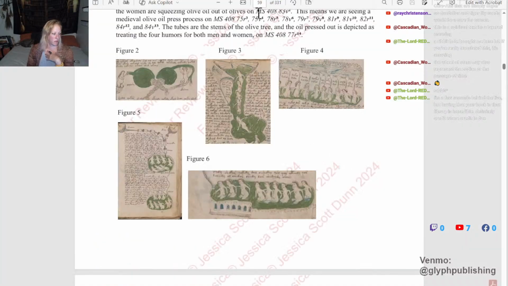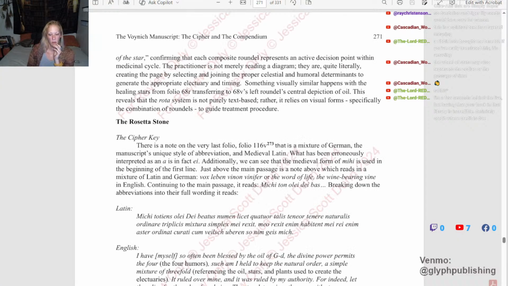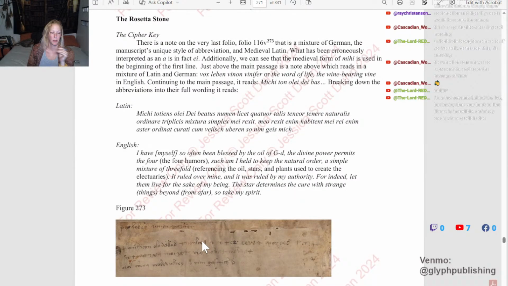All right. Okay, so here's the cipher key. Here's the passage down here. And then, yeah, it's Latin, with a little bit of German, and then also the Voynich abbreviation. I'm not going to call it Voynichese. It's cheesy. Me and my dad jokes.